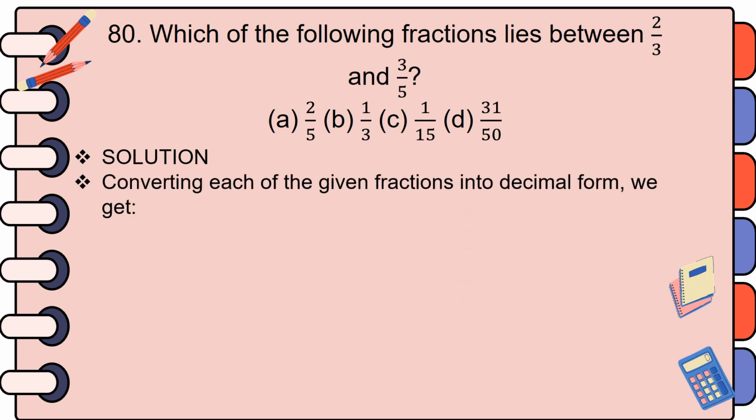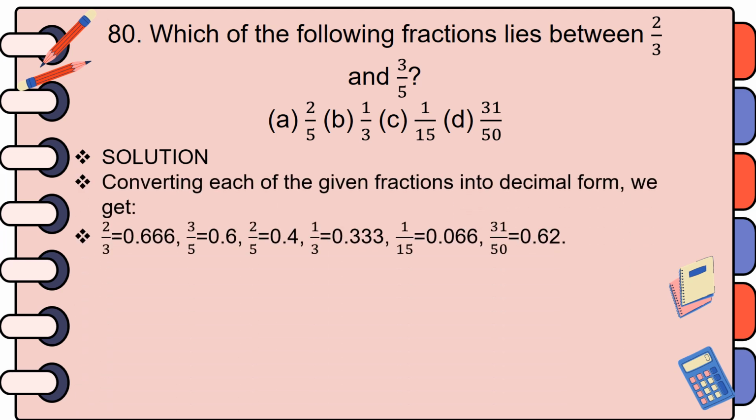First, you have to convert the fractions into their decimals. So 2 over 3, convert it into its decimal form, or divide 2 by 3. It is 0.666. Again, 3 over 5 means 0.6.